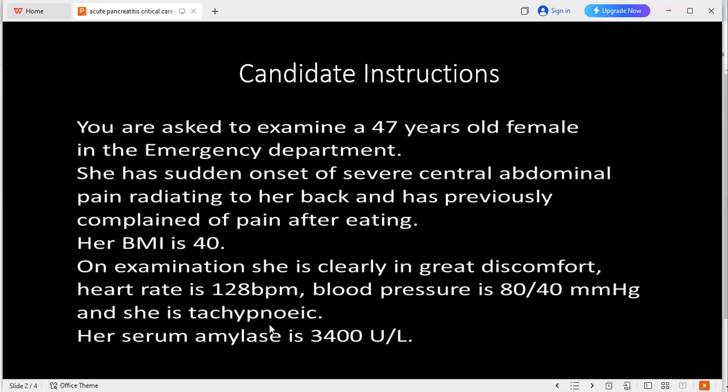How would you take care of the nutrition of this patient? The patient will need TPN and may need nasogastric feeding.